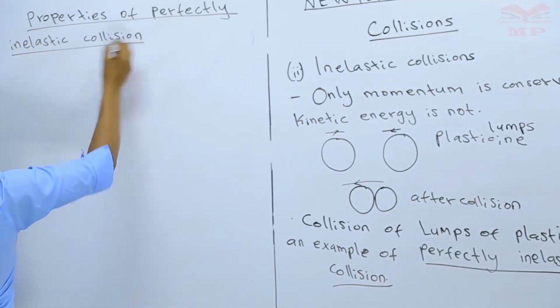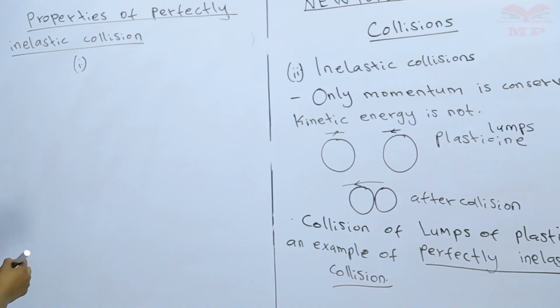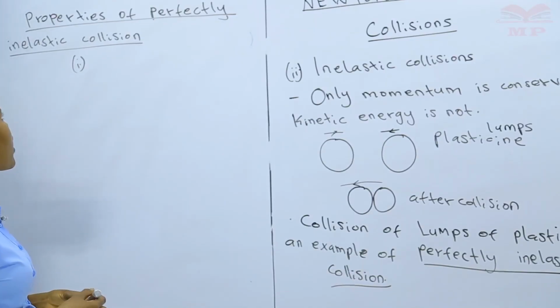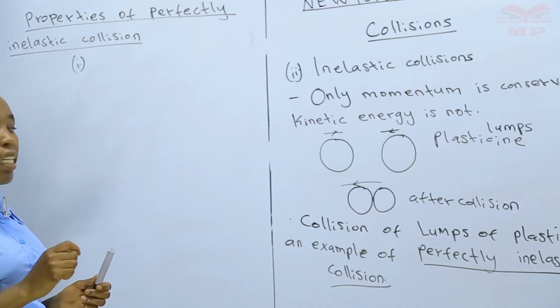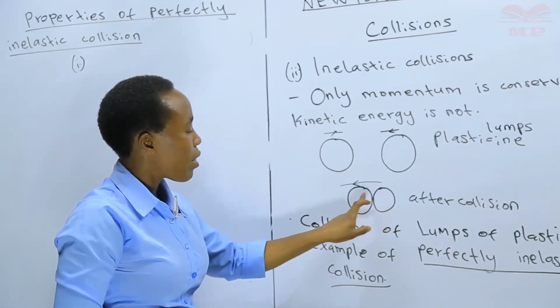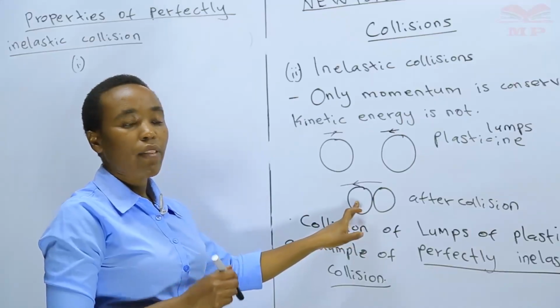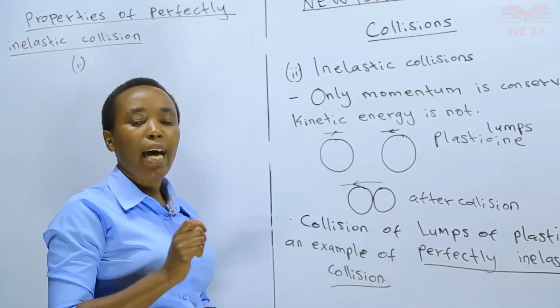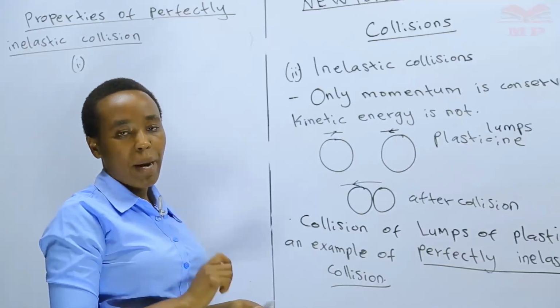One property of this type of collision, or one thing that will tell you that the collision is perfectly inelastic, is, number one, the total mass of these bodies will be the sum of their individual masses.